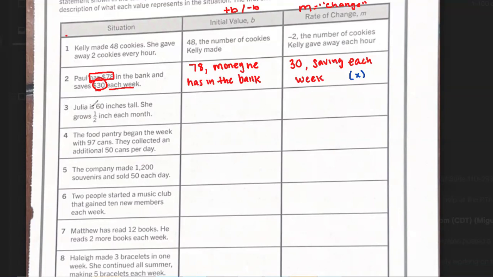So now this one, Julia is 60 inches tall. So she's telling you she is 60 inches tall. So I'm going to say this is how many inches Julia is.